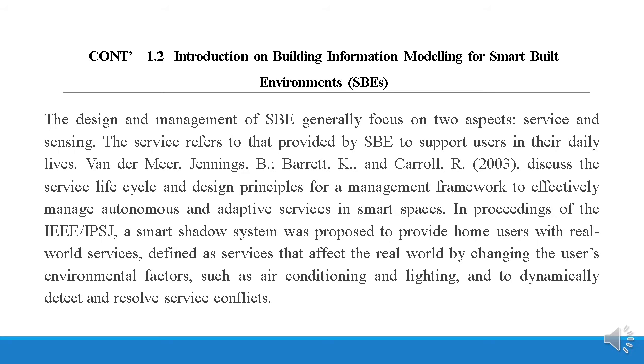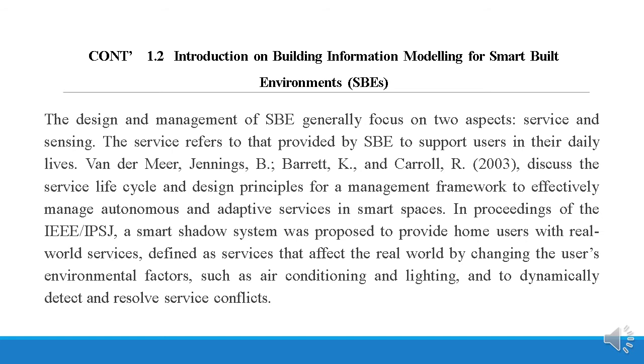The service refers to that provided by SBE to support users in their daily lives. Vendor Meir, Jennings B. Barrett K. and Carol R. 2003 discuss the service life cycle and design principle of management framework of effectively managed autonomous and adaptive service in smart spaces.